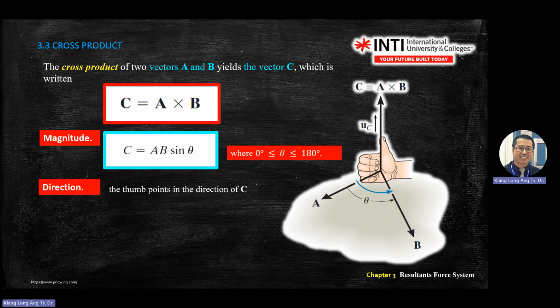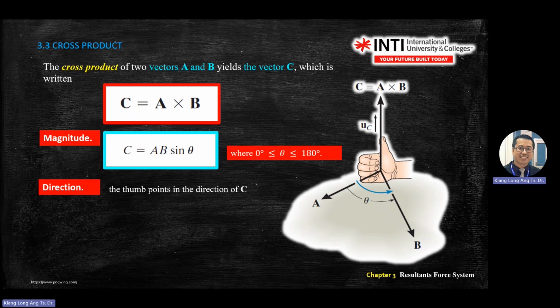Again, A and B happen on the plane, and your right hand is on top of the paper. It depends on whether you go A to B or B to A, so the sequence is important when you use cross. A to B will give you pointing up.